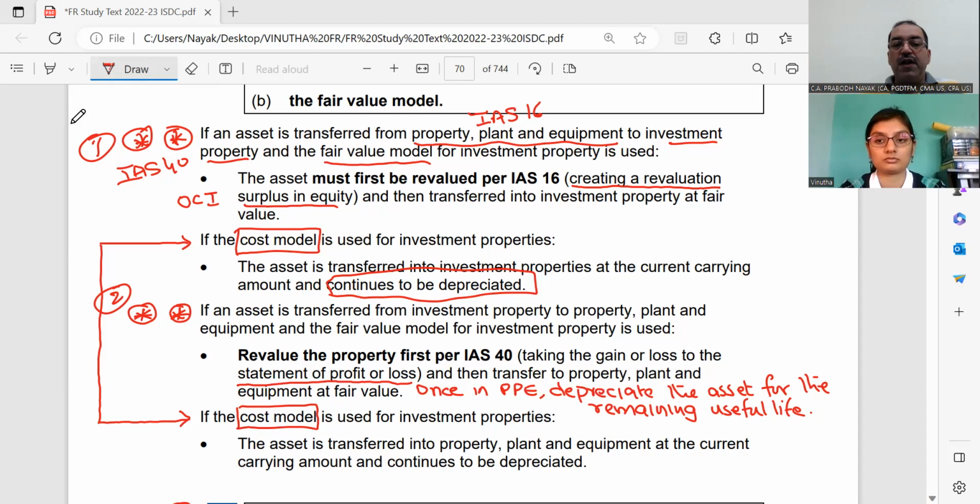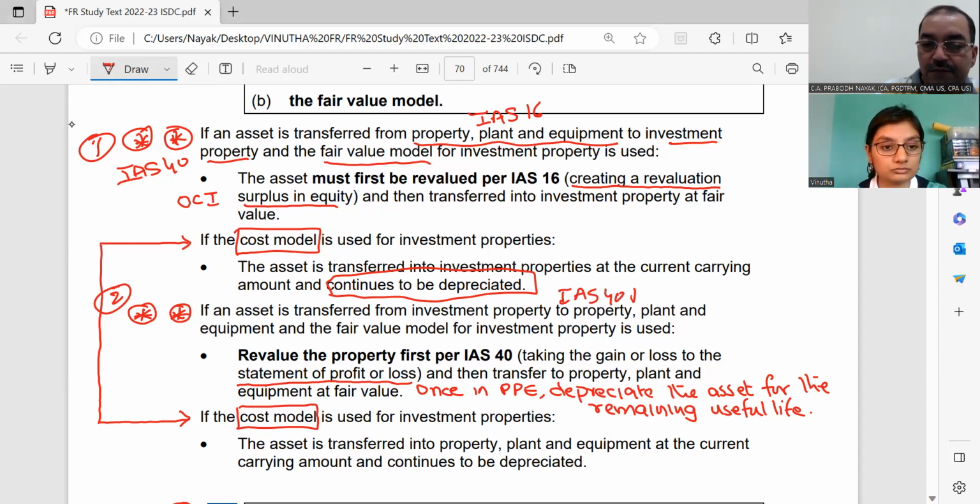Now, second part, if an asset is transferred from investment property to property, plant and equipment, that means we are transferring it from IAS 40 to IAS 16, and we are using the fair value model. So what do we do? As we have done over there, here also we will first revalue the asset, but the profit or loss on revaluation under IAS 40 goes to SOPL.